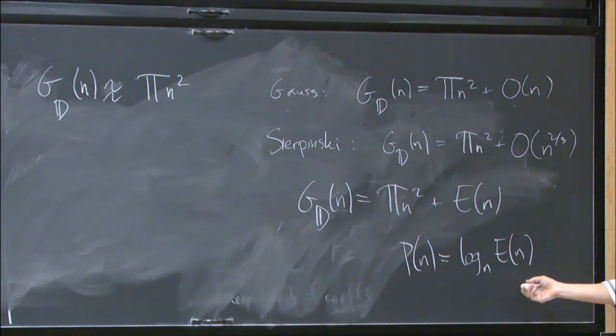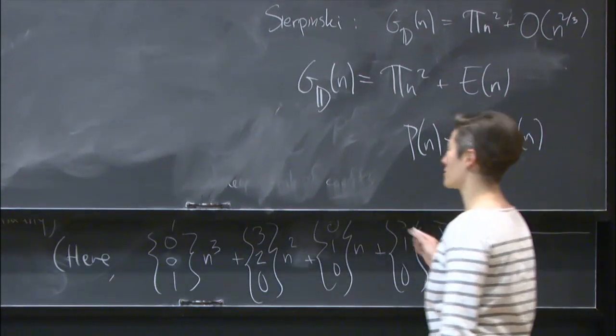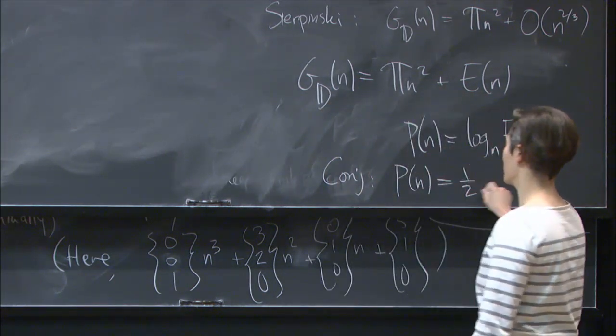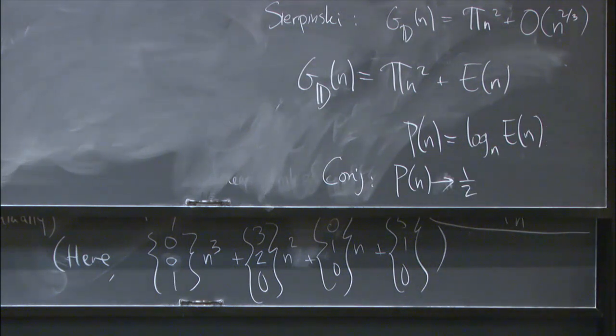Sierpinski showed that this was at most 2/3. It is universally conjectured that the actual power is 1/2, and I should say limits to 1/2.